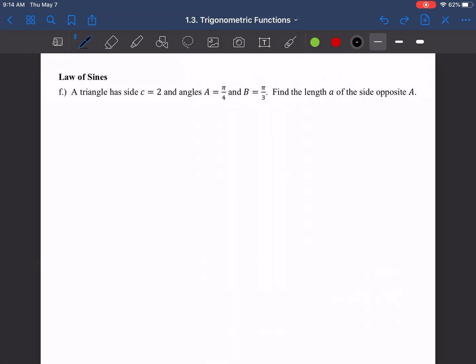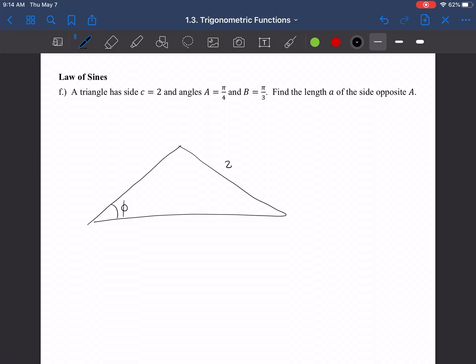So if you go through, I just wrote on the last page, here on this page we could actually use it to solve this. So a triangle has a side C. Let's just draw some triangle here. We have a side C, which is equal to 2, which makes this angle phi.